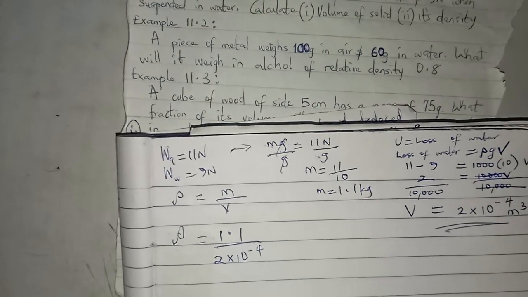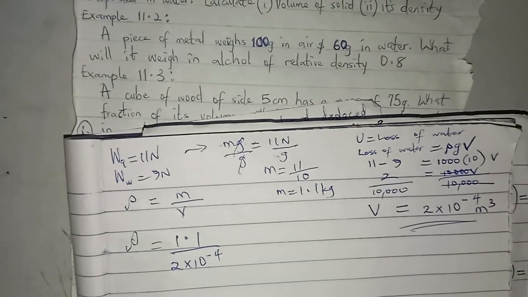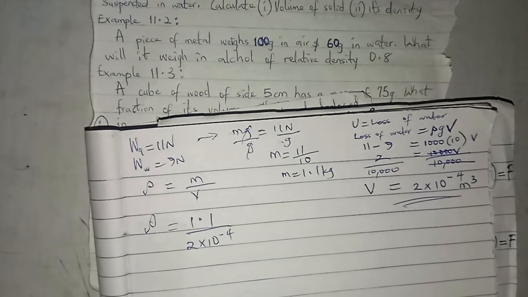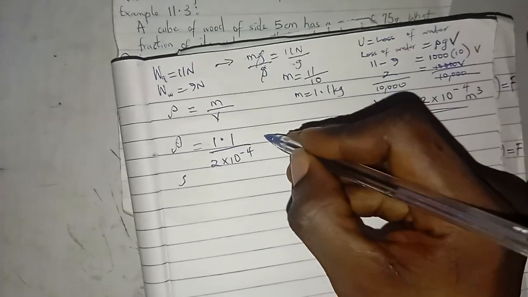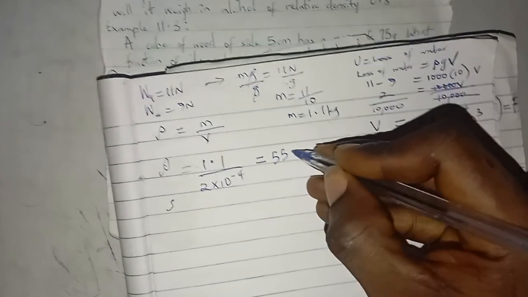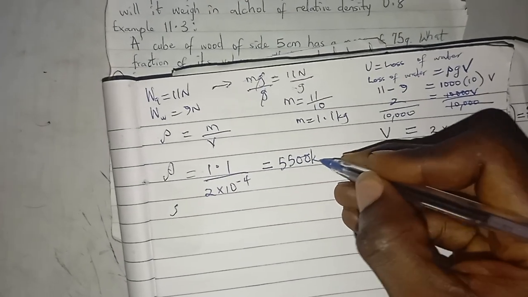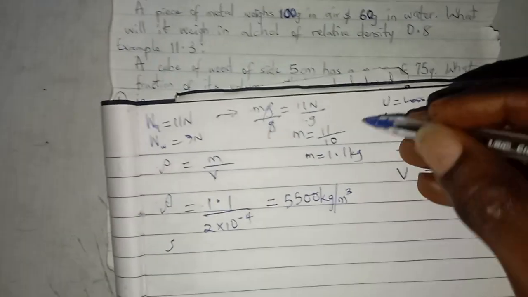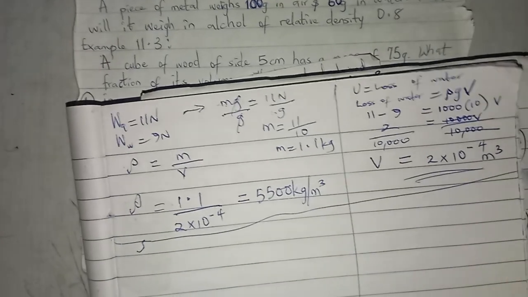So you get that the density, okay, this is actually 5500 kilogram per meter cube. So there you have it. Let's move to the next one.